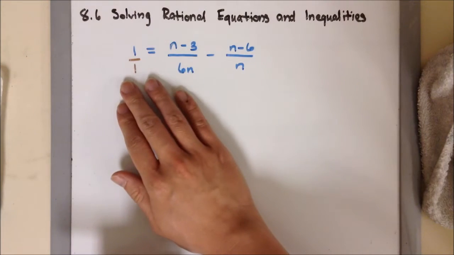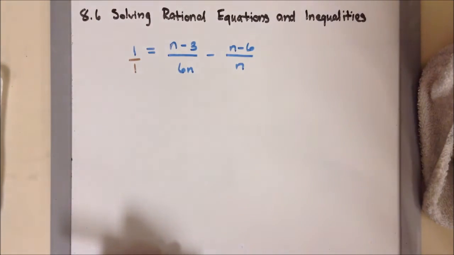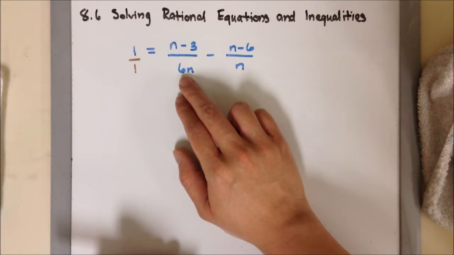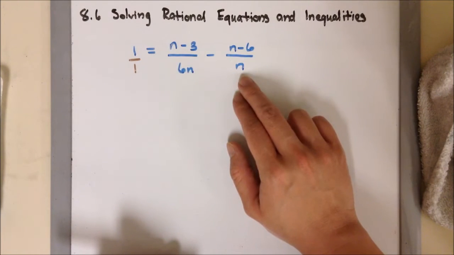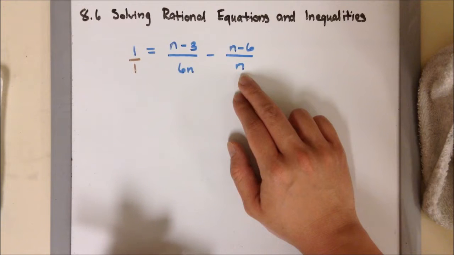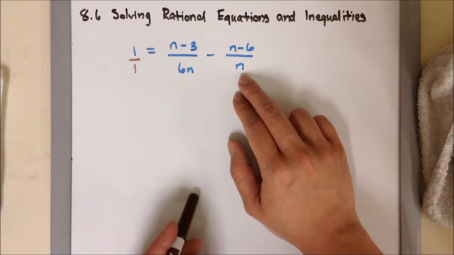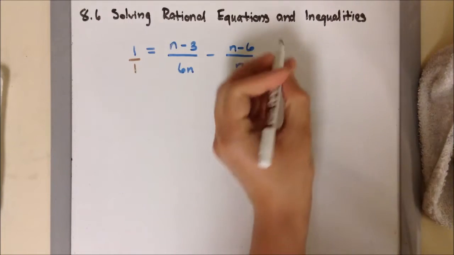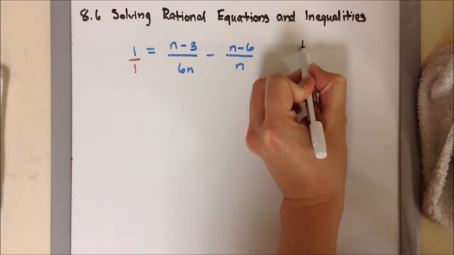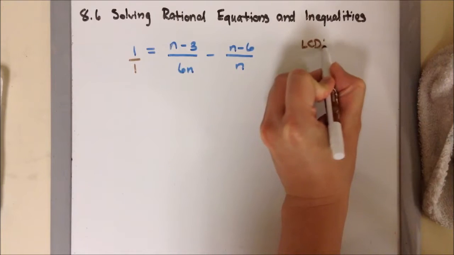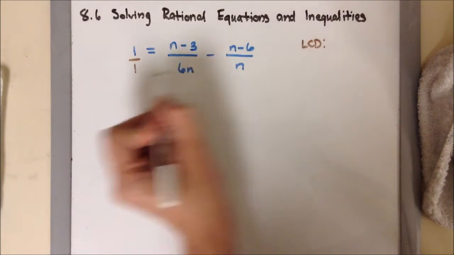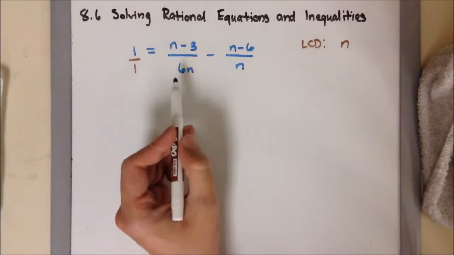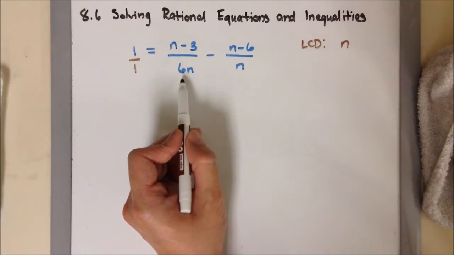Now you're going to look for your LCD based on the denominators you have here. We have 6n in the middle fraction, and on the right fraction we have n. So we know that our common denominator is going to have n. Let me write my LCD here. All the denominators are going to have n in it. In addition, the second fraction has a 6.